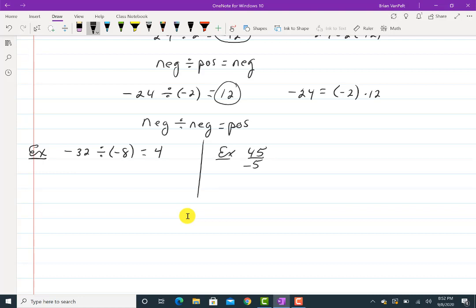It's just a different way of writing division. You have a positive divided by a negative, so you immediately know that your answer is negative. And then you do 45 divided by 5, and that equals 9. Negative 12 divided by 12, you know it's negative, and then 12 over 12 is just 1.